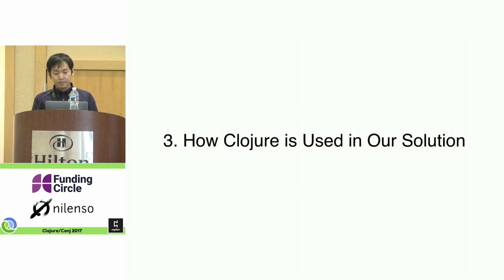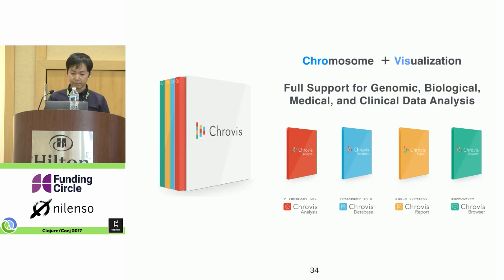Lastly, I will touch on how Clojure is used for a wide range of our solutions. We provide a total genomic solution called Clovis. The name Clovis comes from chromosome and visualization. Clovis supports a full range of data analysis, including genomic, biological, medical, and clinical data.